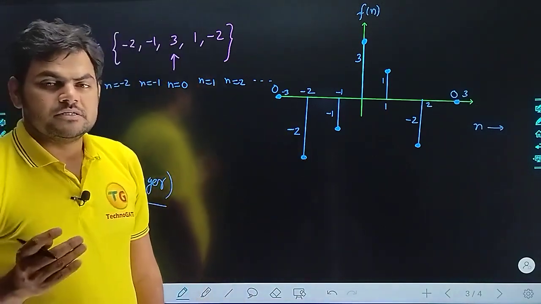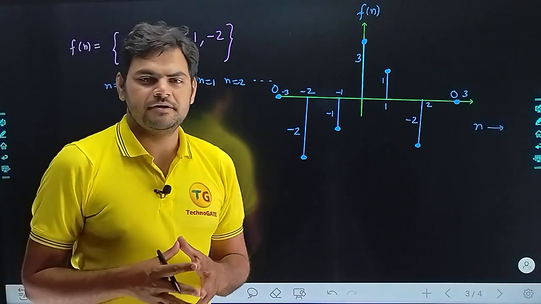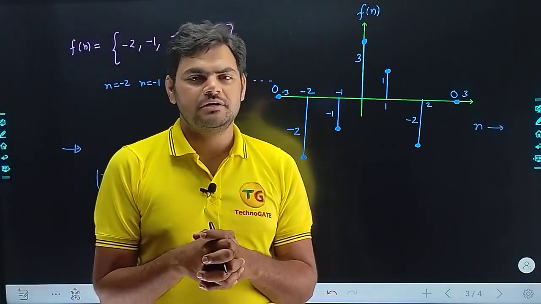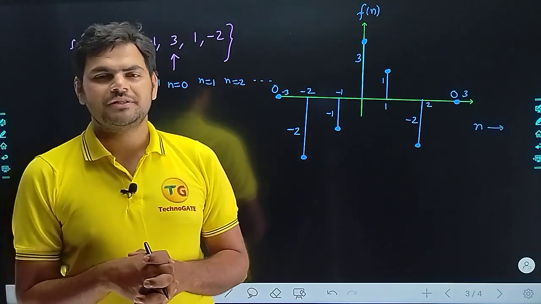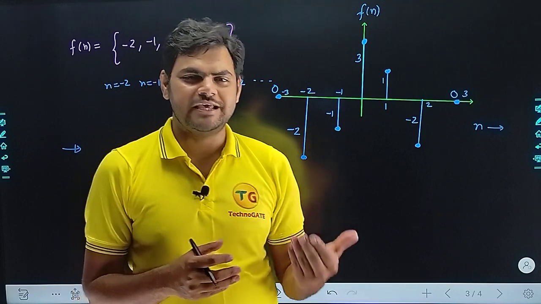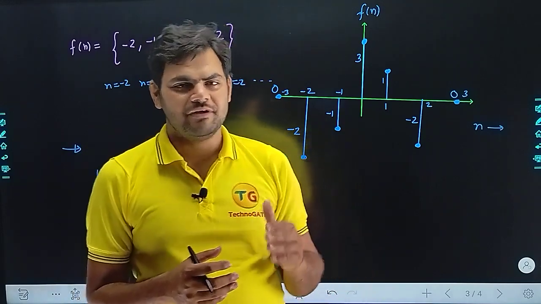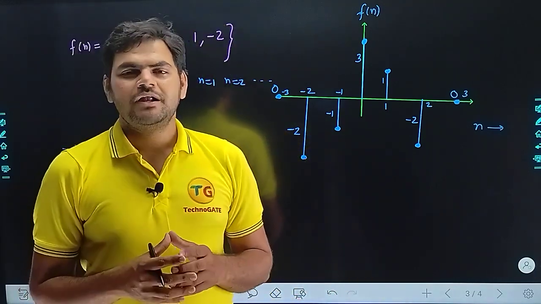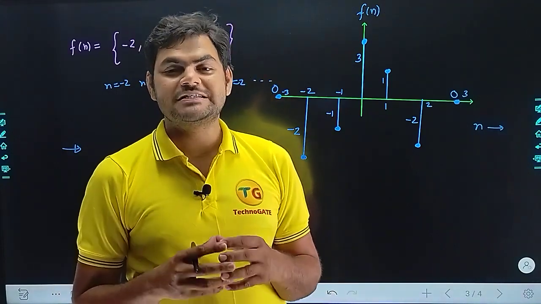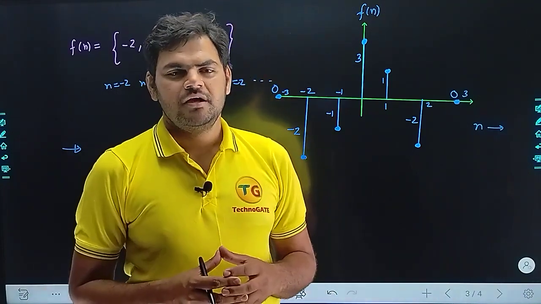So we have seen some important operations over the continuous time signal: time scaling, time shifting, and time reversal. Now let me tell you how these operations are applicable over the discrete time scale.